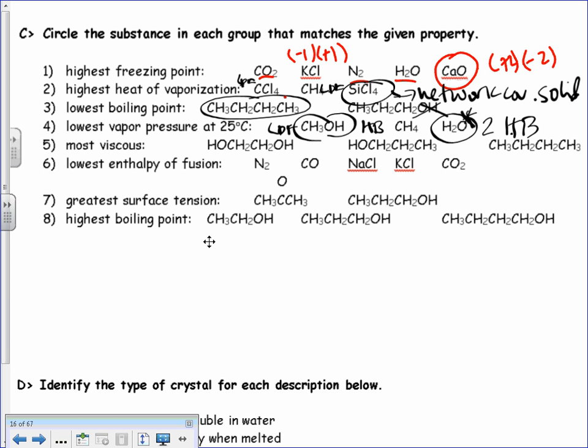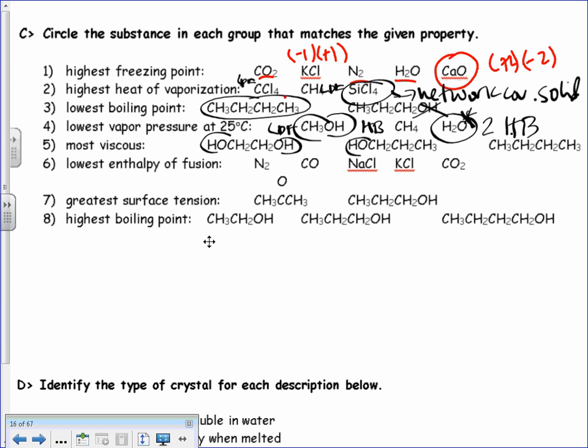Most viscous, what's it asking for? Highest IMFs, because they're going to be really sticky on each other. Sticky is a relative term. Do not say that on the AP exam. So which one's going to be most viscous? Why? It has two places for hydrogen bonding on the sides. This one's got one place for hydrogen bonding.